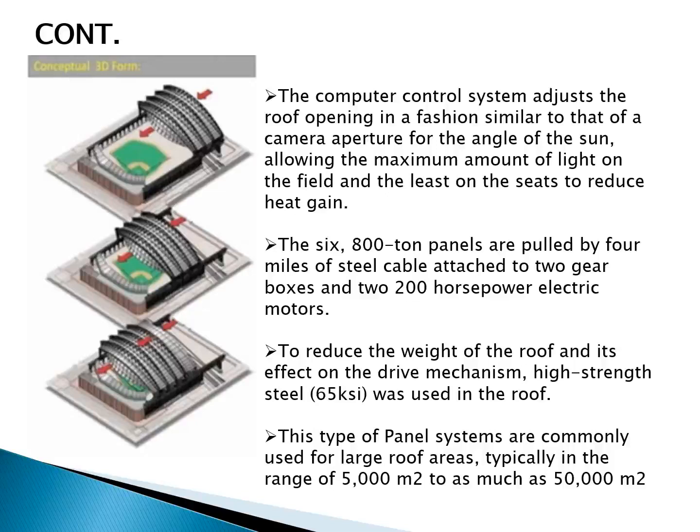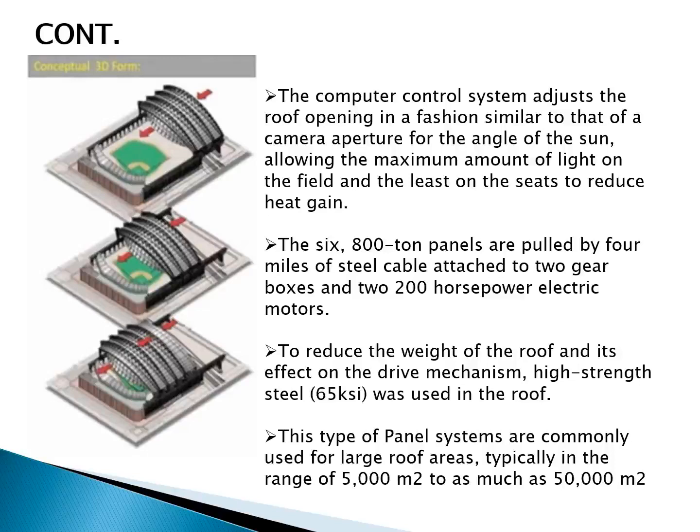Now we are going to discuss the conceptual 3D form of the retractable roofs. The computer control system adjusts the roof opening in a fashion similar to that of a camera aperture for the angle of the sun, allowing the maximum amount of light on the field and the least on the seats to reduce the heat gain.